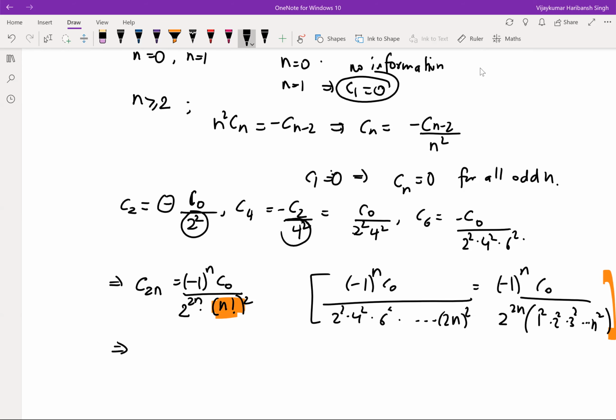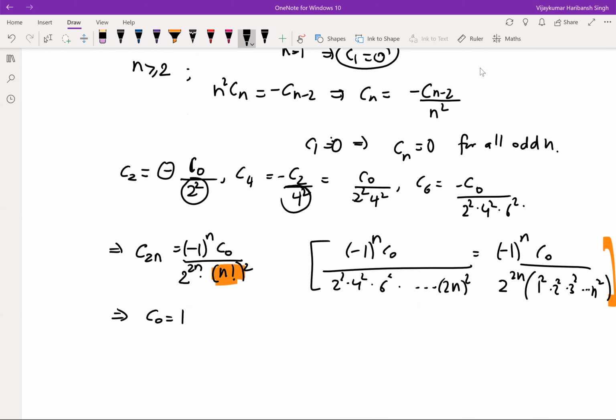So if you take C0 equals 1, as a special case, we get the solution to be summation n equals 0 to infinity of minus 1 to the power n x to the power 2n over 2 to the power 2n times n factorial squared.